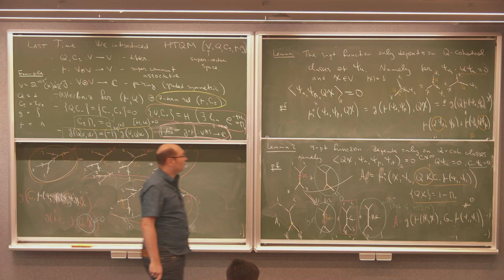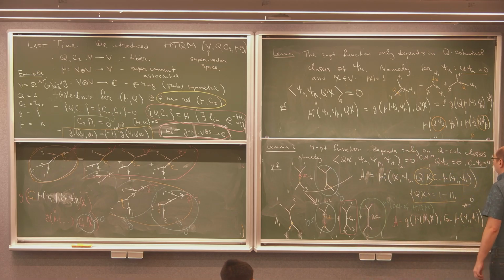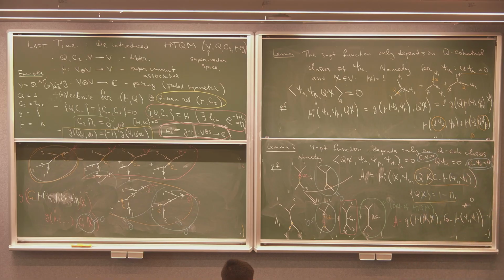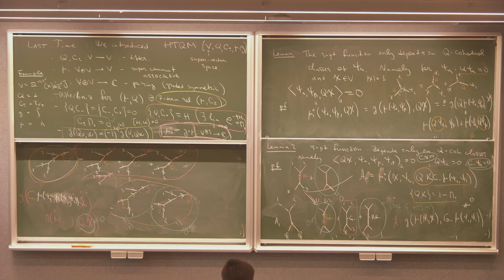Okay, so therefore the 4-point function would depend on cohomology classes, given this additional property that all states and deformations of these states are G minus closed.